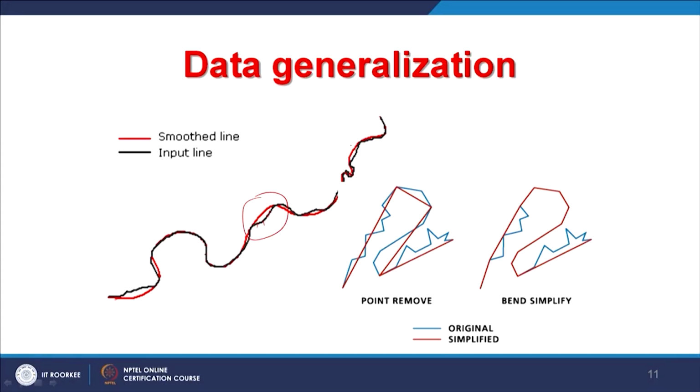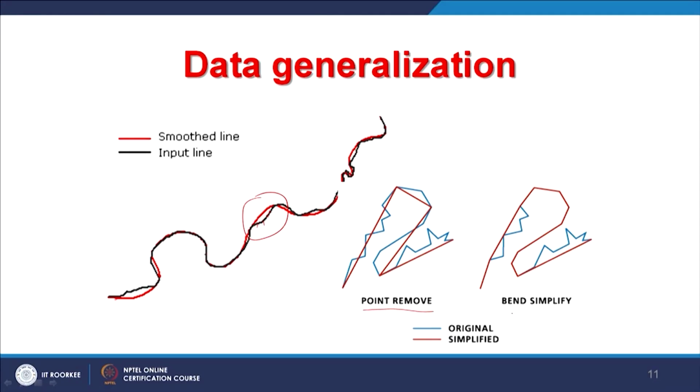Sometimes it is very much required to perform this. Therefore, these tools are supported in GIS. Another example here is point removal, meaning node removal. The blue line is your original data, and while digitizing, it has created a very zigzag appearance. I don't want that kind of detailed data, I want a very simplified one, which is the red one you are seeing.